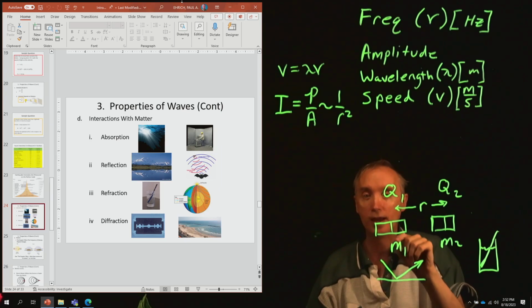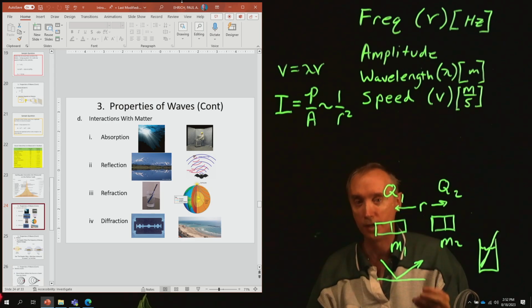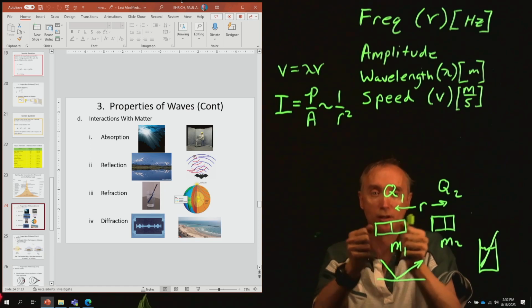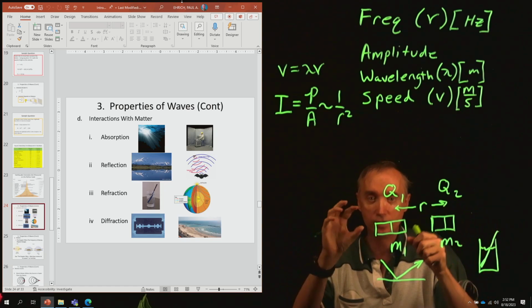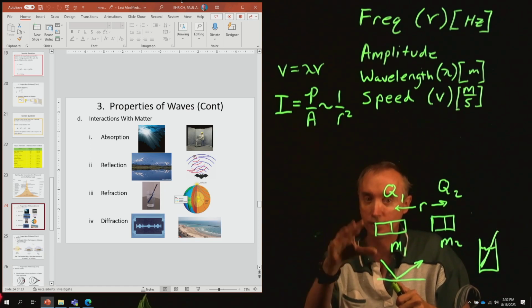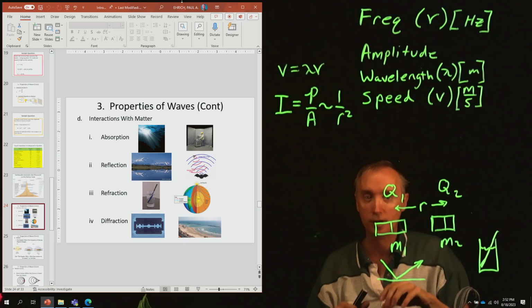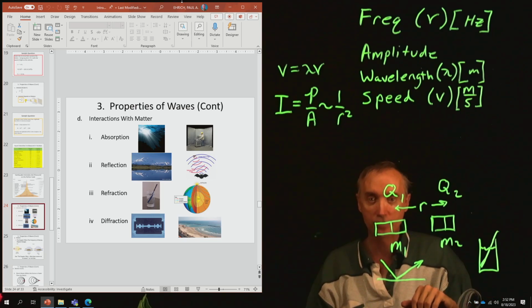Okay, then you have diffraction. Diffraction is the bending of a wave when it goes around something. That picture is of a razor blade. If you really need to, you can blow that picture up so you can see it better, or find another picture like it very easily on the internet. Just type in razor blade diffraction.